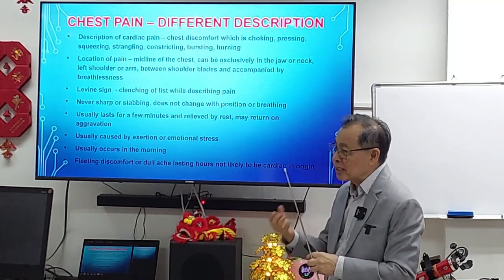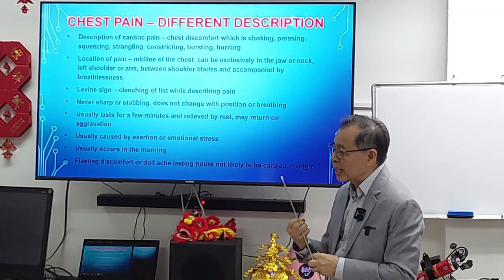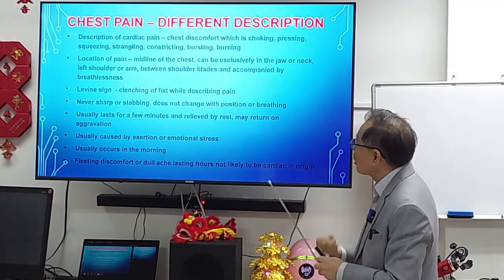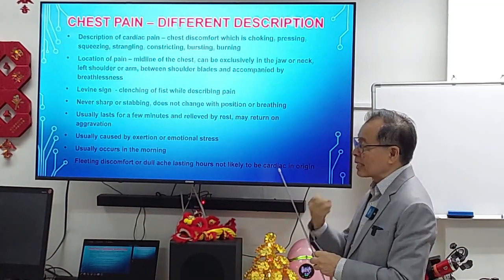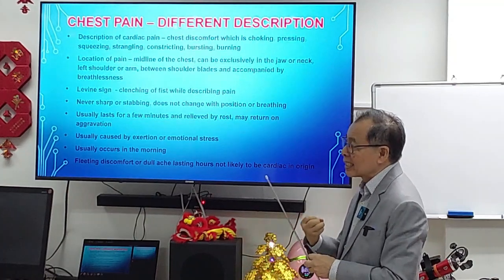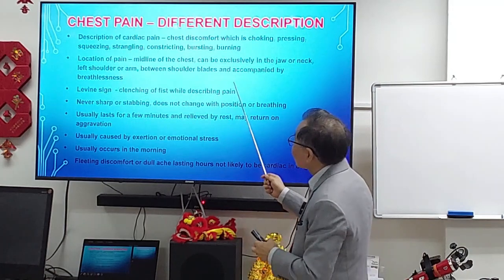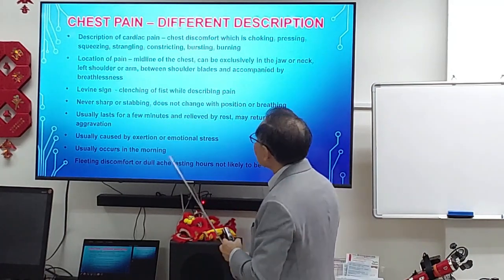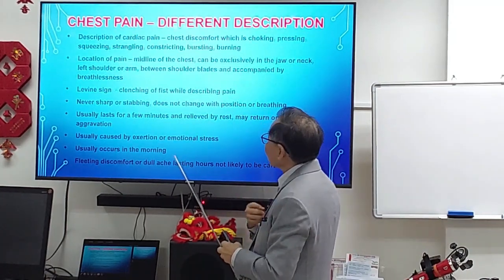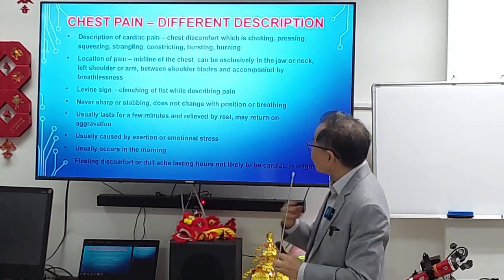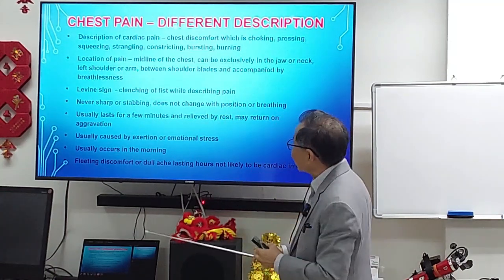When you have chest pain due to the heart, you don't feel like doing anything. It kind of bogs you down. So while not very severe, if it bogs you down, that tells you something. This thing is serious. Okay? And then the location of the pain is very important. It's usually in the midline of the chest. But it can be in the left shoulder or your arm. It can be between your shoulder blades.